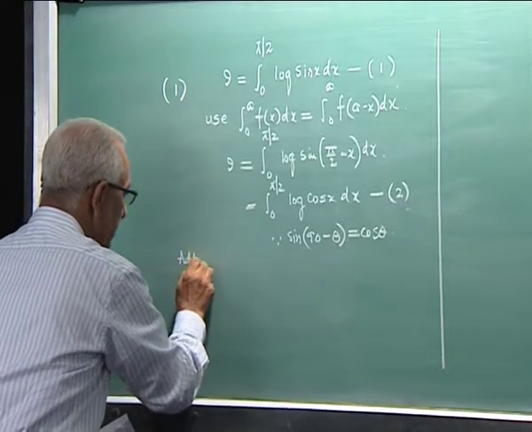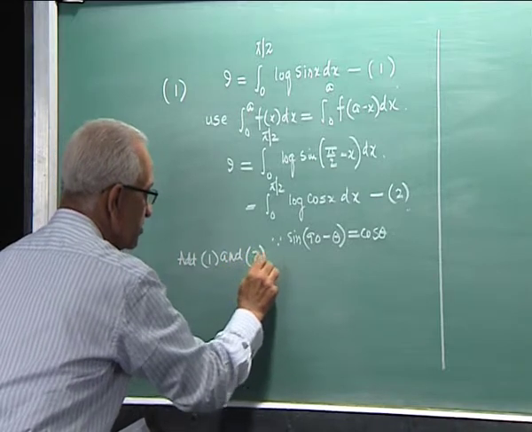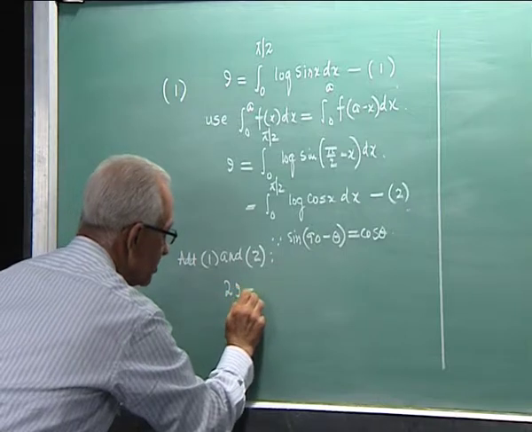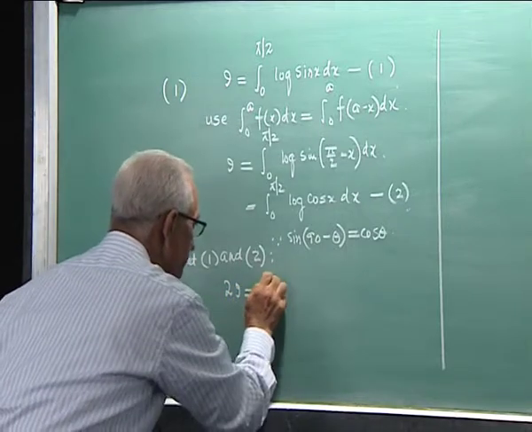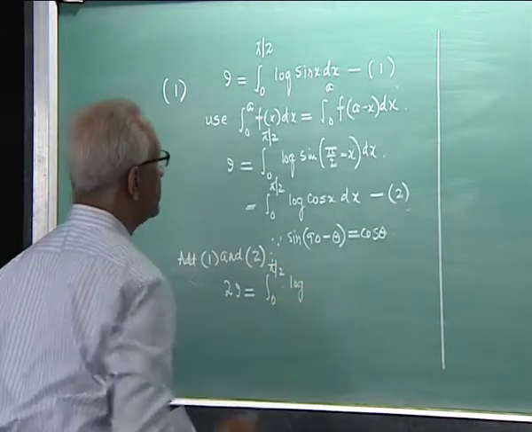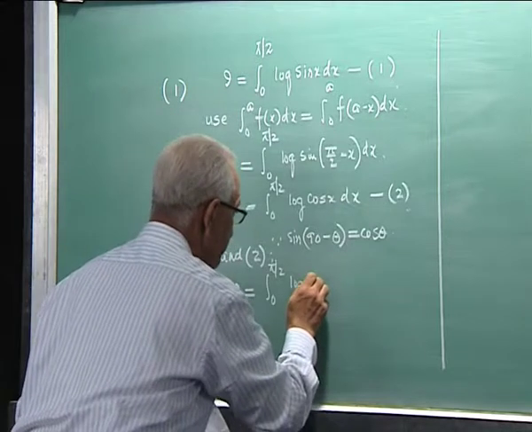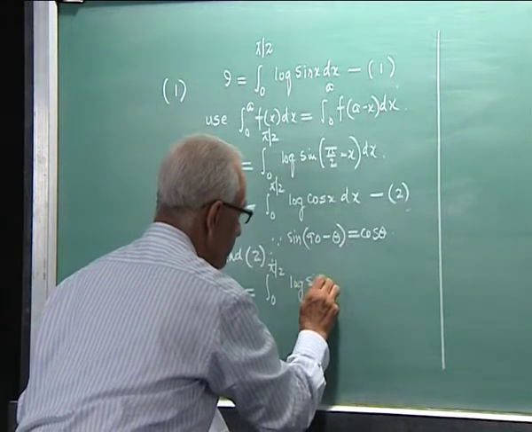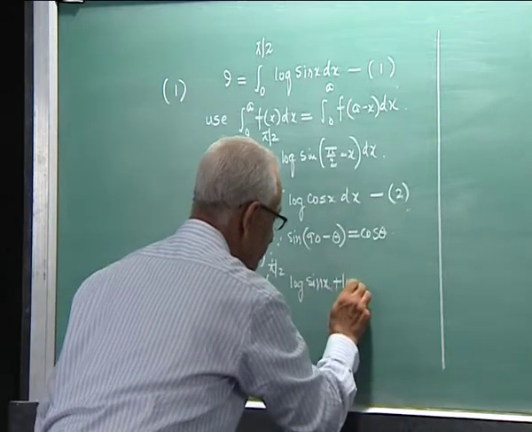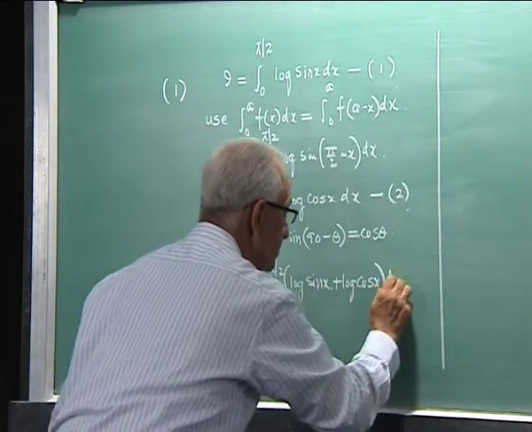Next step is to add 1 and 2. By doing that, I get 2 times integral I is equal to 0 to pi by 2 log of sin x plus log of cos x dx.